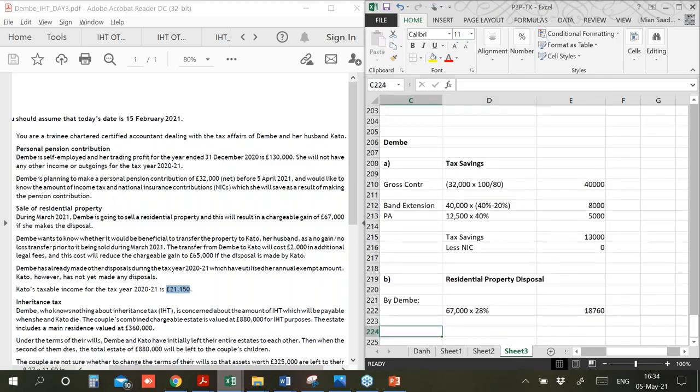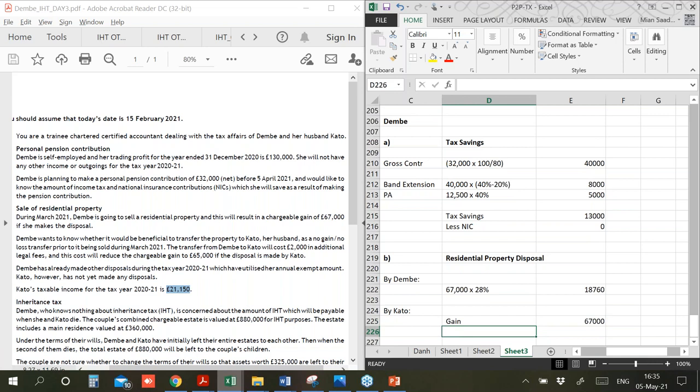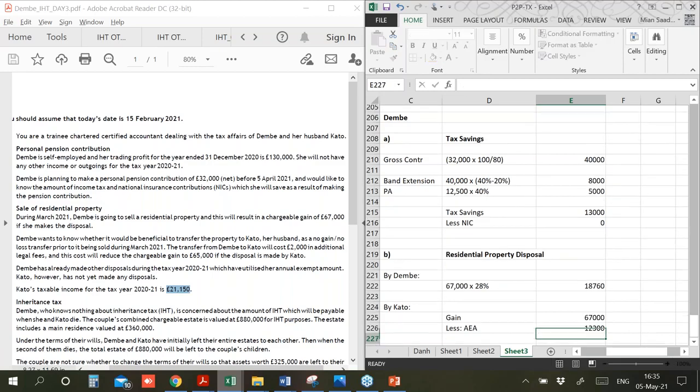However, for her husband Kato, we have to consider both things, the band as well as the annual exemption amount. So for him, the gain is 67,000 less the annual exemption amount, that is 12,300.